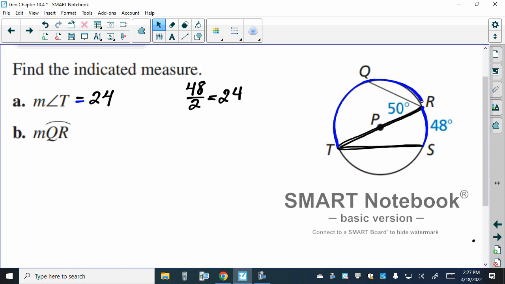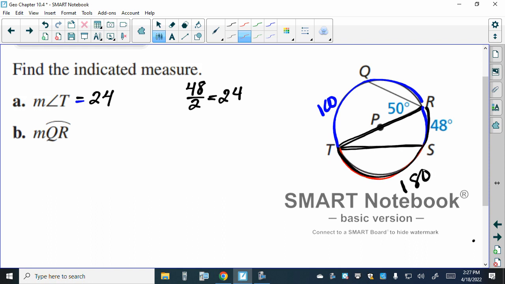We know that this here is what? 100. Now we know the whole circle is what? 360, but we're just missing one part. But we still need ST. But I know from T to S to R is what? Because it's half.